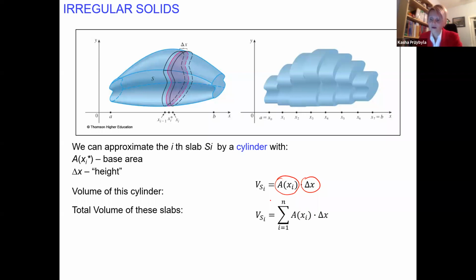Now, adding with the sigma, I am adding all of them, because sigma means addition. And we know that n is the number of slices, and if n is huge, then it's a perfect approximation. Limit as n goes to infinity of the sum of base times the height, which is volume.